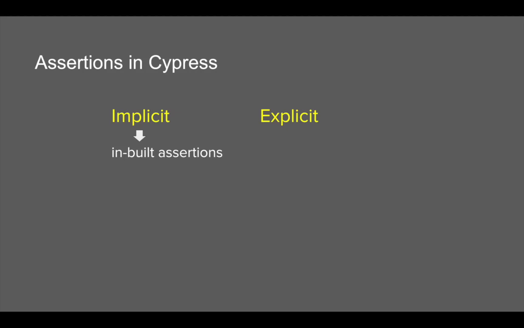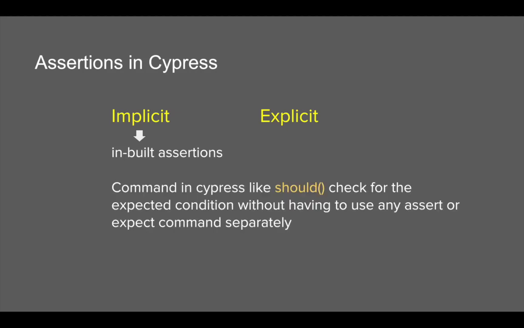There is an expected condition, and if it does not fulfill the expected condition, it will fail. However, when we talk about implicit assertions, we usually use commands like should, and this command checks for the expected condition without having to use any assert or expect command separately. So these are kind of inbuilt assertions in Cypress.